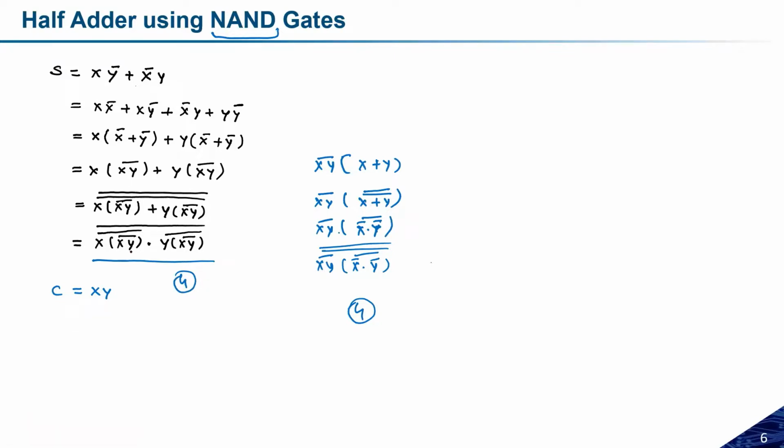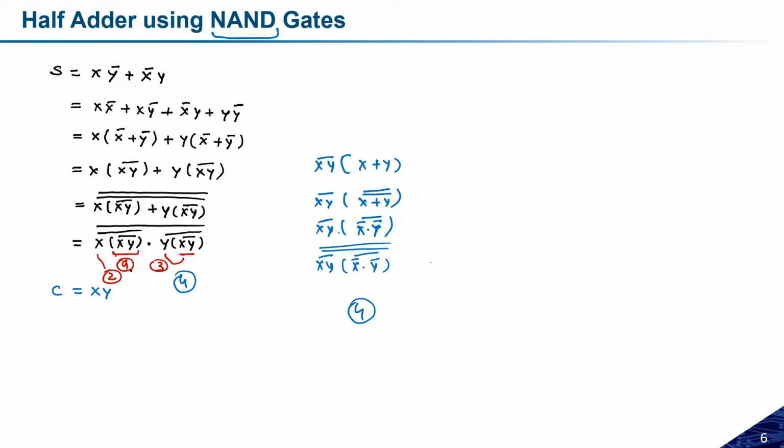If you see here, we need one gate for this one, which is the x y bar. So this is first. This x y bar can be utilized for this purpose as well. The second one is needed with x, so the second gate is needed for this purpose. The third one is needed for this purpose.